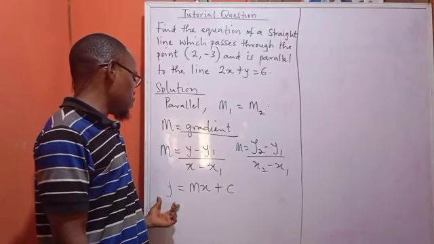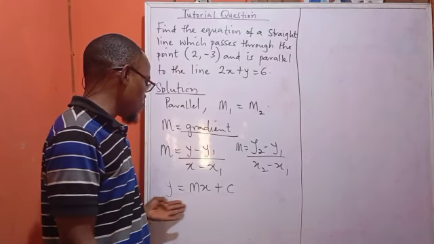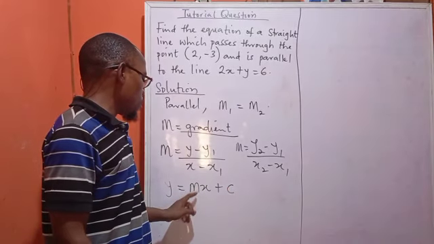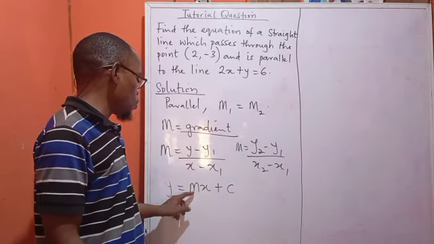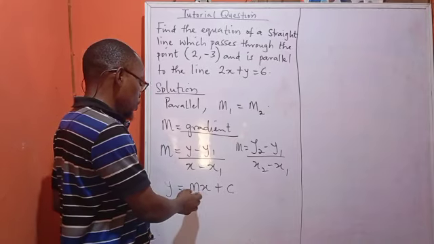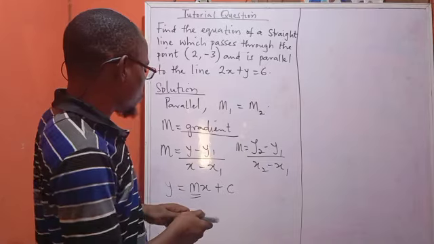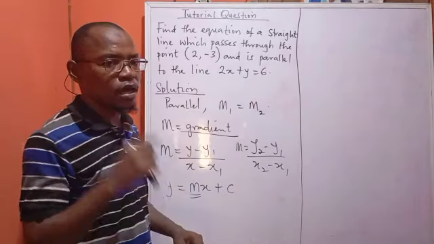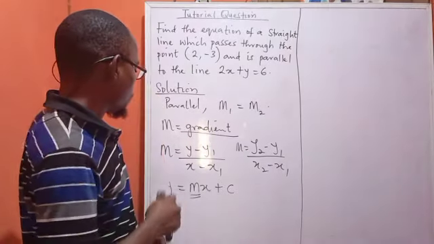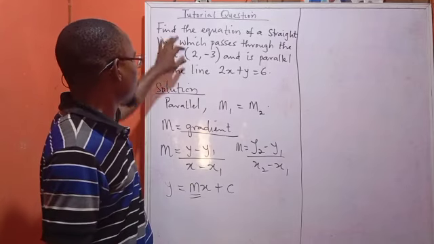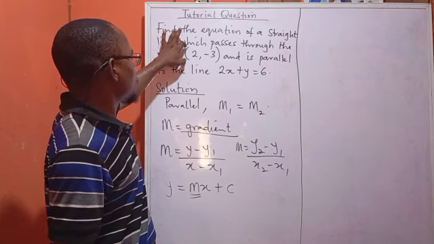After making y the subject of the formula, you equate the equation with y equals mx plus c. The coefficient of x is always the gradient. So these are some of the ways we can find the gradient of an equation.